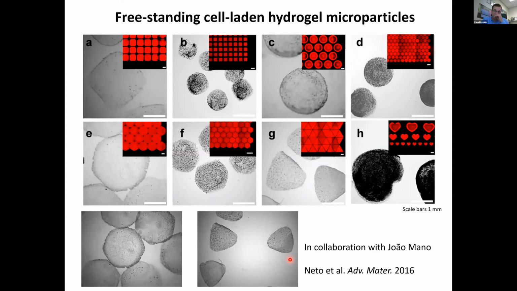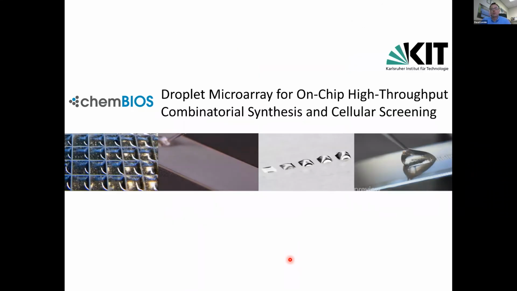And now I'll go to the last project that I wanted to show today. The idea here was that we could use these droplet microarrays for biological experiments, for doing cell culture, but can we use these droplets for chemistry, to use every single droplet to synthesize a different molecule and then apply it to biological screening?